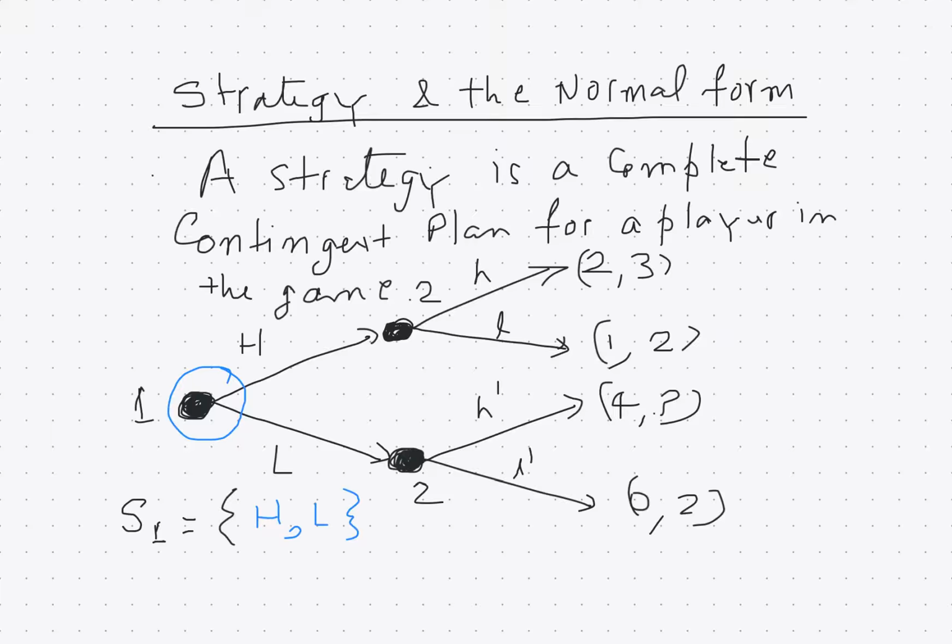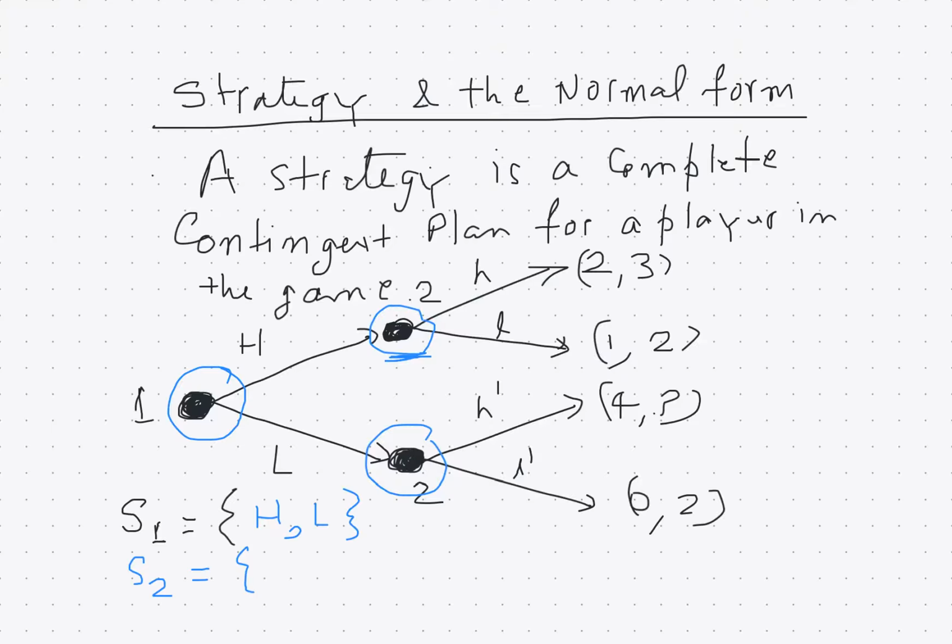Next, let's look at the strategy set for player two. So now, as you can see, player two has two information sets, one here and one here. So player two has to specify what he is going to do at every information set. So basically, let's say player two is here on the top decision node.